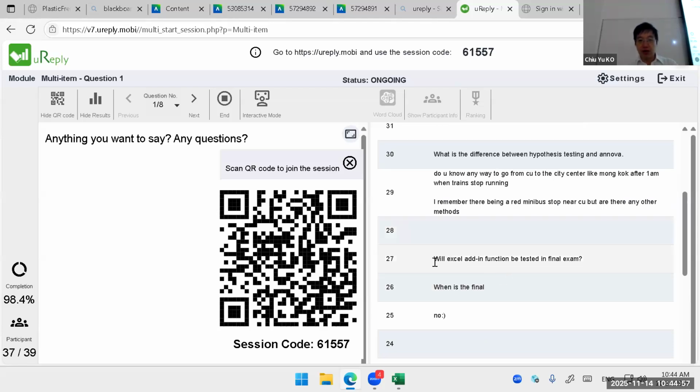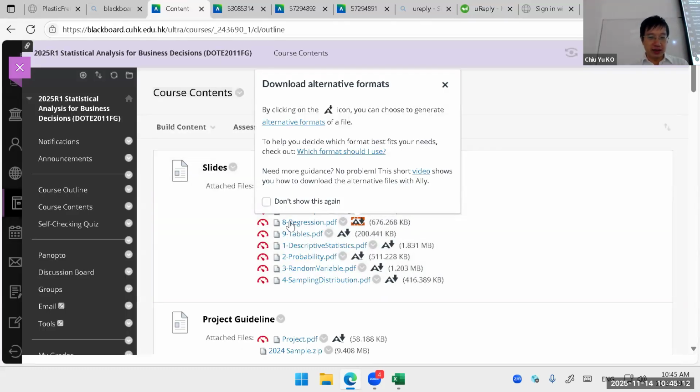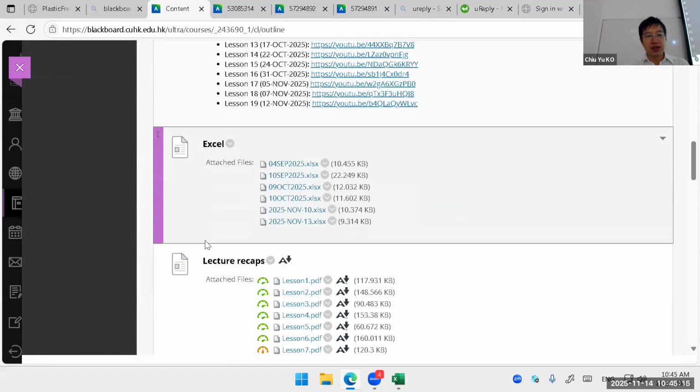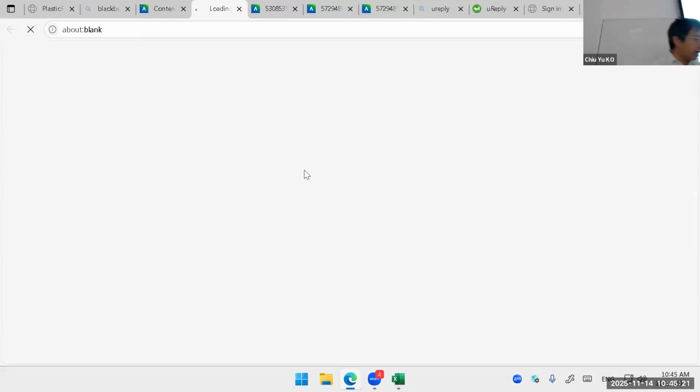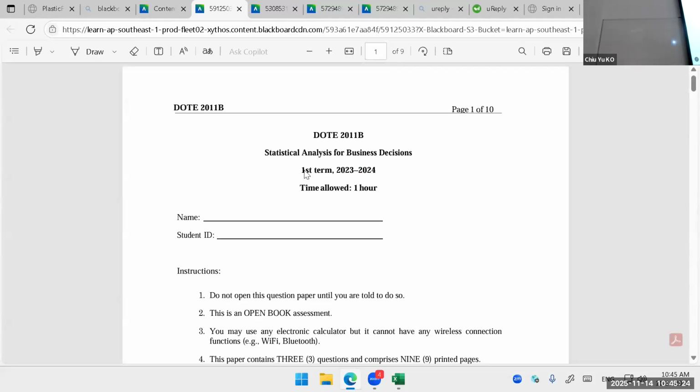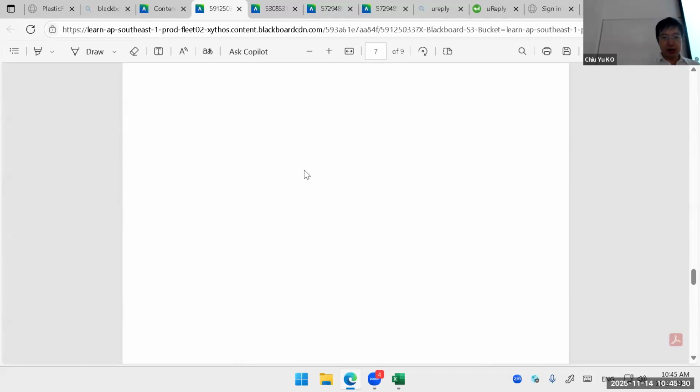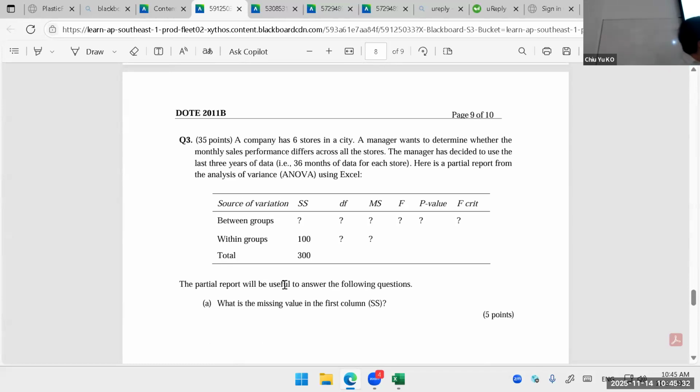Sure. Will Excel add-in function? Okay. And I think if you see the past paper, you will see actually we do have that. I would not ask you how you can operate the Excel add-in, right? But you would be asked, say, in this past paper, I do have a question like this. I do have an Excel output, okay? From the add-in, I ask you to handle that, okay?